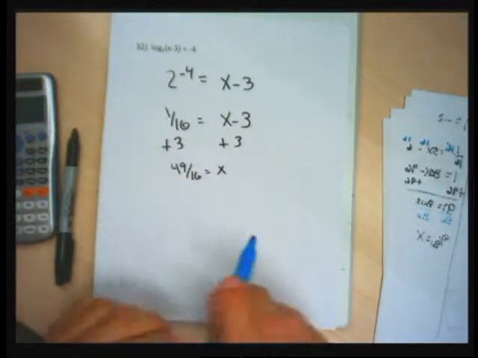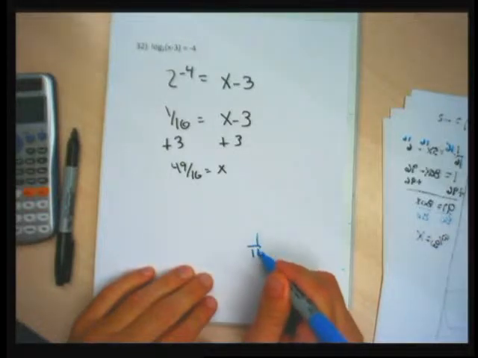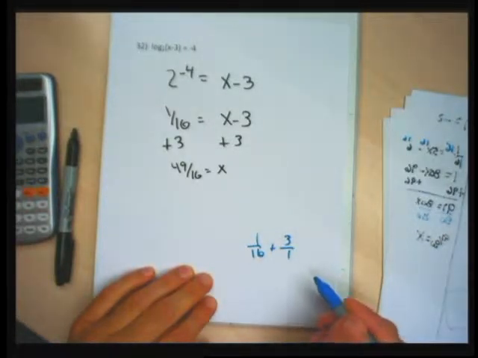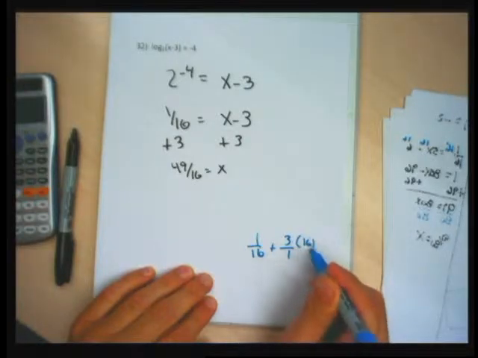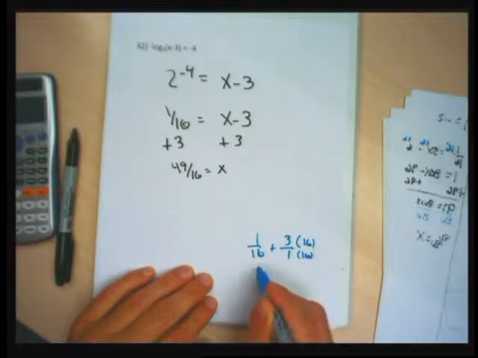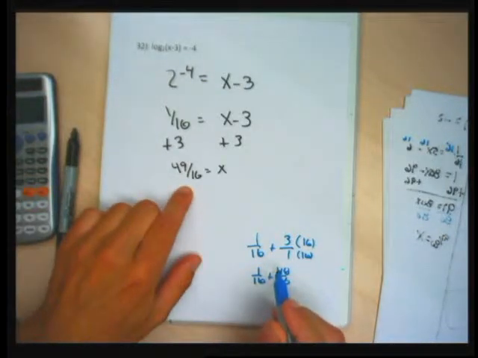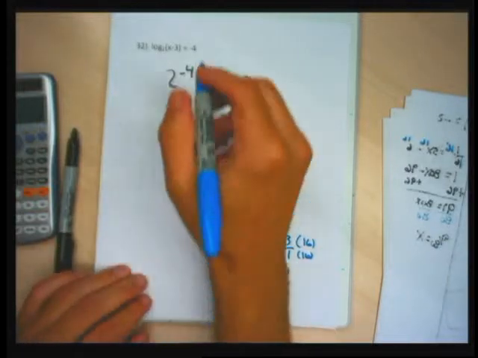If I wanted to do it by hand, 1 over 16 plus 3, I'd write the 3 as a fraction, and then I'd multiply it by 16 over 16, and I'd go 1 over 16 plus 48 over 16 to give me that 49 over 16. I'm going to try to check.